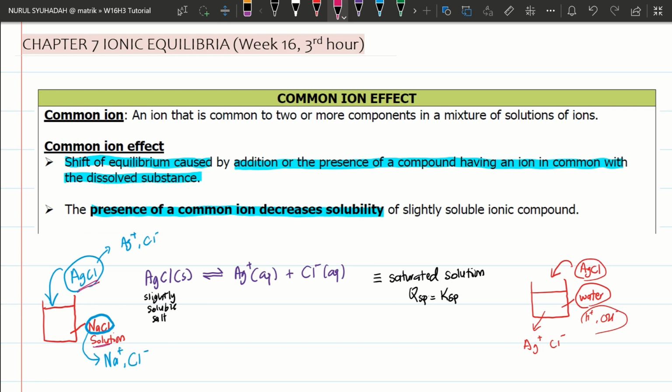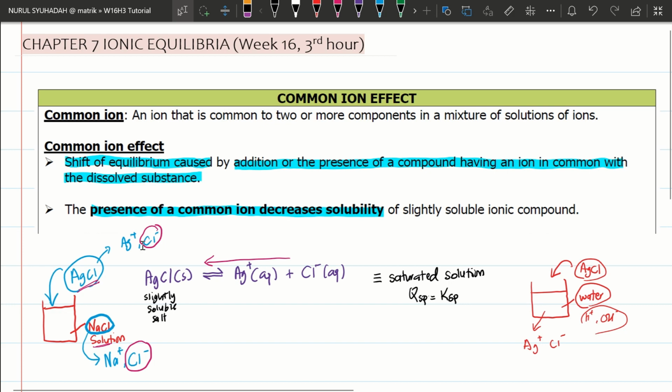Apa common ion? Apa ion yang sama? Cl-. Okay, disebabkan kita masukkan AgCl ni, the slightly soluble salt, into a solution that already contains Cl-, apa efek dia terhadap solubility of this salt? The concentration of Cl- akan jadi sangat banyak yang menyebabkan equilibrium position will shift to the left.